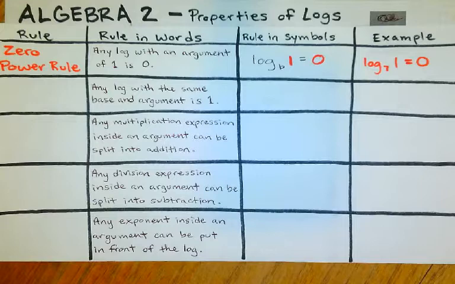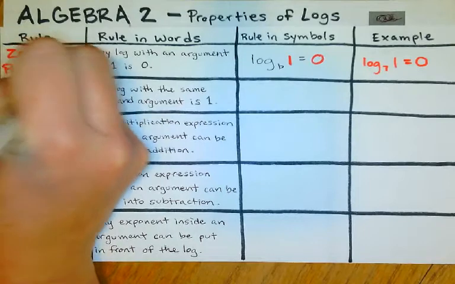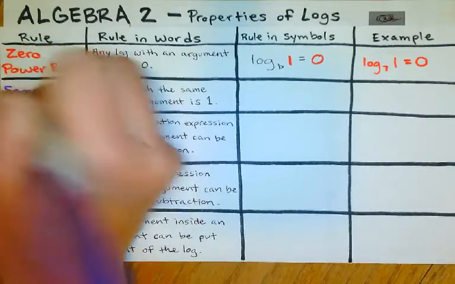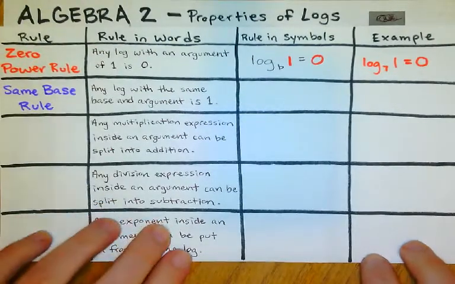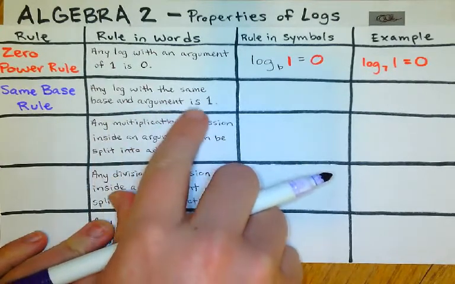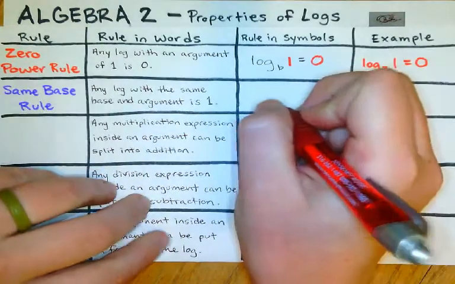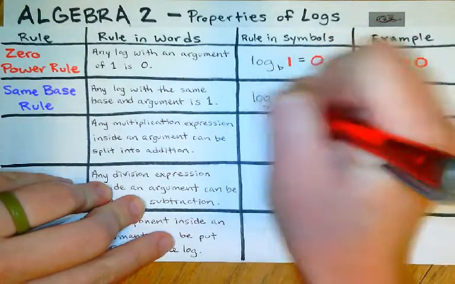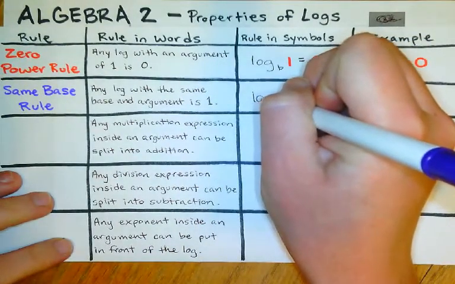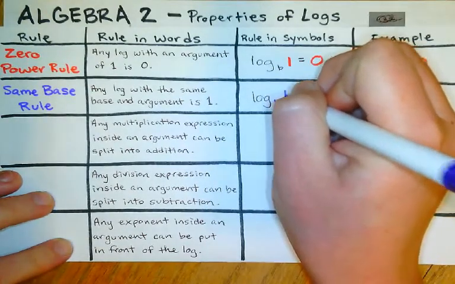Our next rule is the same base rule. What that rule says is any log with the same base and argument is going to be equal to 1. Alright, so here's an example. Our rule in symbols, we have a log, and let's just say we have a base of b, some number b, and let's say our argument is also a b.